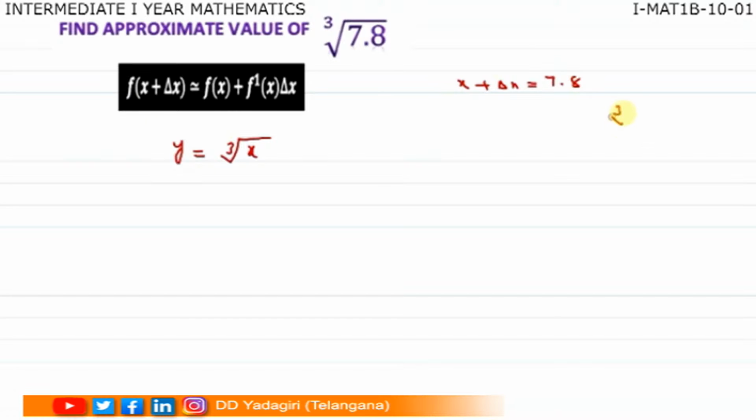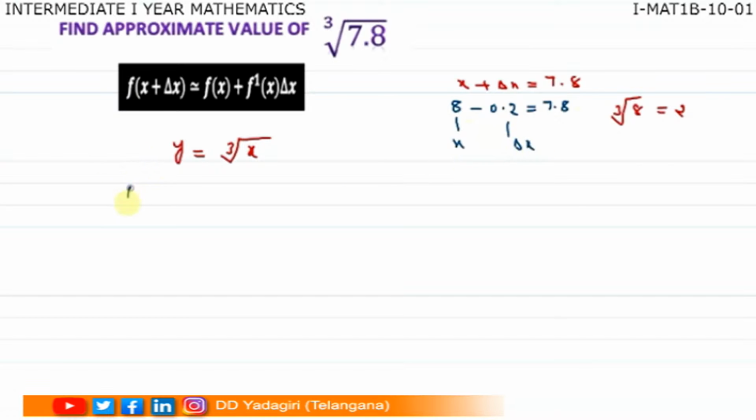Since we know the cube root of 8 is 2, write down this particular term as 8 plus delta x, where I am taking delta x as minus 0.2. This is equal to 7.8. Now this becomes the x value and this becomes the delta x value.